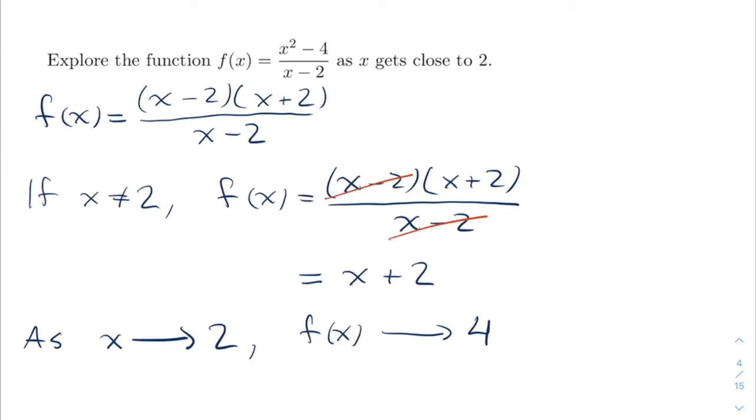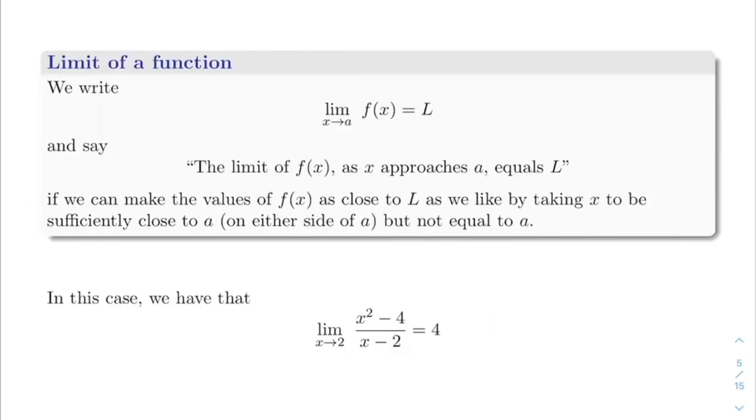So now we're ready to give the first definition of this class. In this definition of the limit of a function, we summarize what we've been doing throughout this first video.